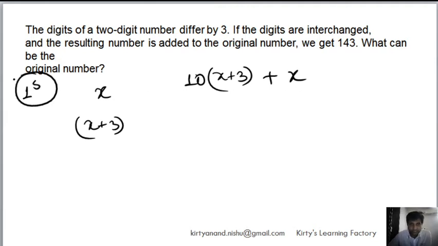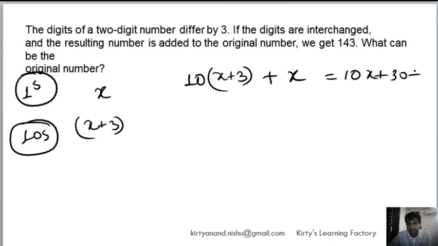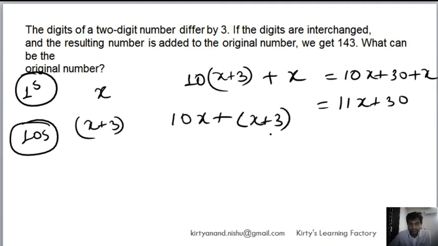So this will be the value of the number, which will be 10x plus 30 plus x, which will be 11x plus 30. Now if I reverse it, then I get 10x plus x plus 3, right? So I get basically 11x plus 3.